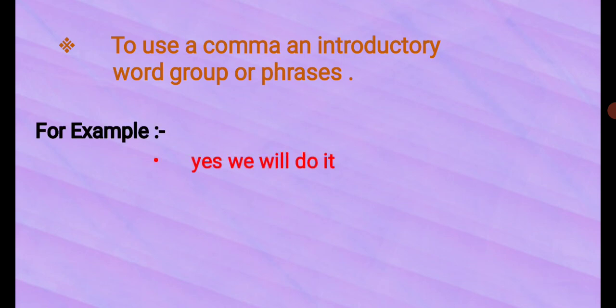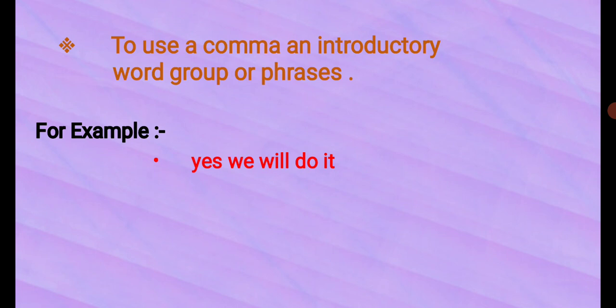Next is to use a comma after an introductory word group or phrase. It means that if we are giving the answer by yes or no, it is an introductory phrase. It is a very short sentence. Yes, no, I will not. Right? Then after the introductory phrase, we will put comma, and after the comma, whatever the letter is there, we will put this letter in capital form.